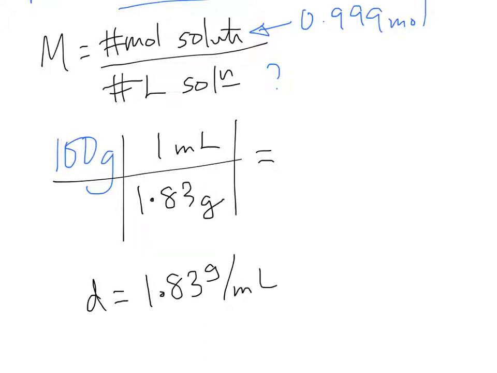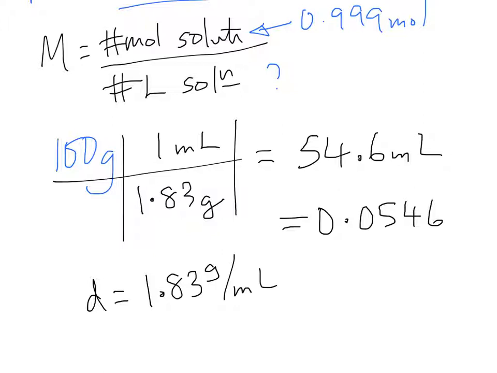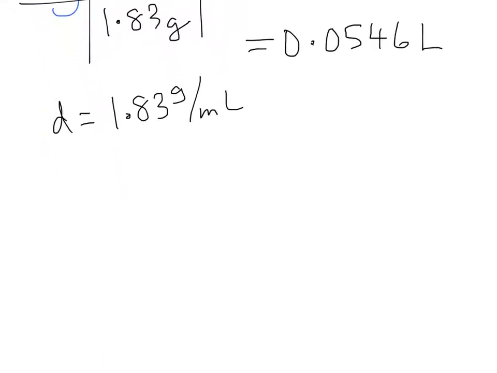And again, you're going to see that's going to be about half the initial value, so that's 54.6 milliliters. Or if you remember, there's 1,000 milliliters in a liter. Dividing by 1,000 is shifting the decimal 3 places over. We can get the number of liters by basically putting a couple of extra zeros in front.